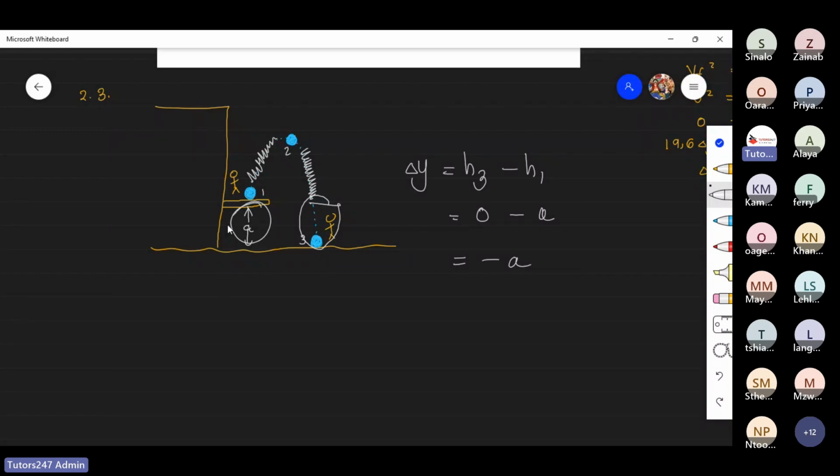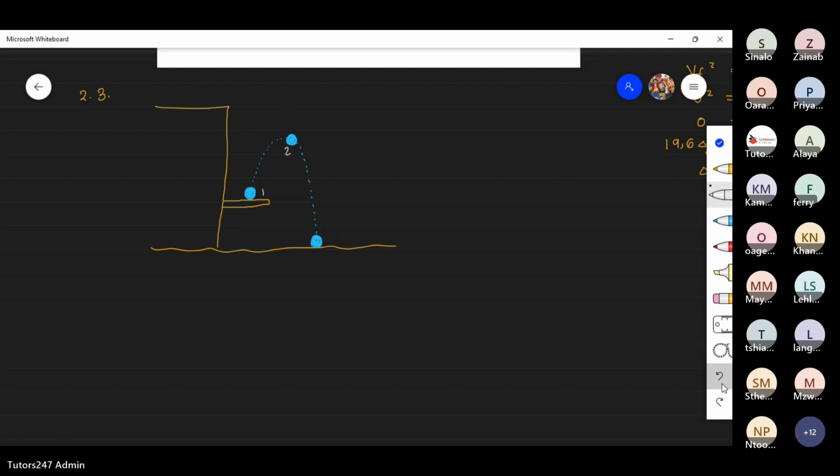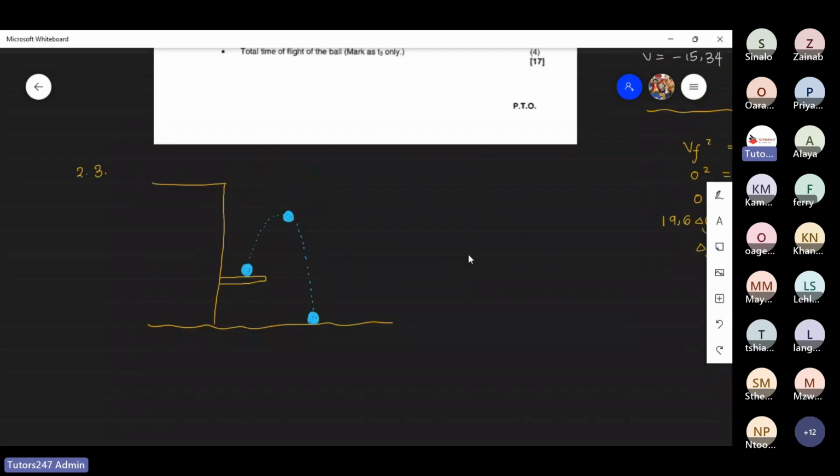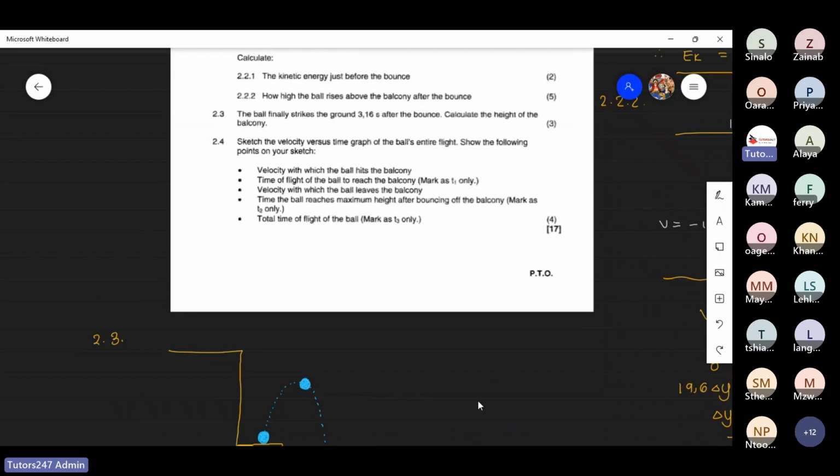So that is it. Whatever way you choose to understand, whether it's with vectors or with a formula, you need to understand that displacement can cancel one another out in certain areas. Okay. So let us now proceed with this question. Before we proceed, let us just go and read what the question was again.